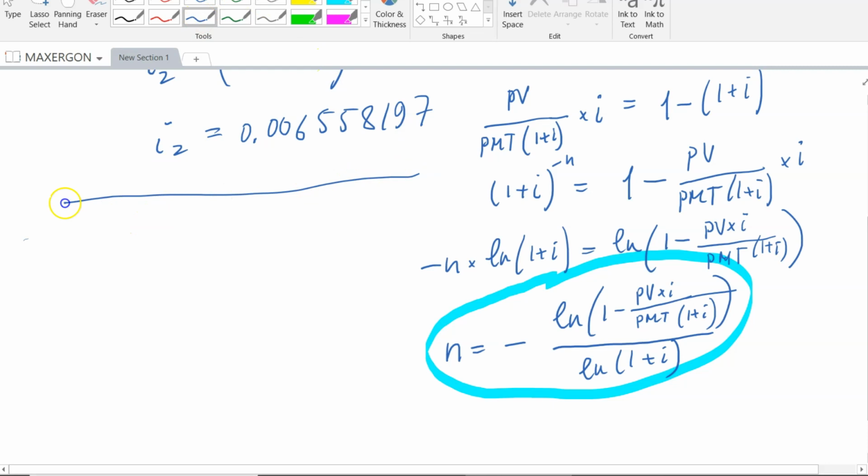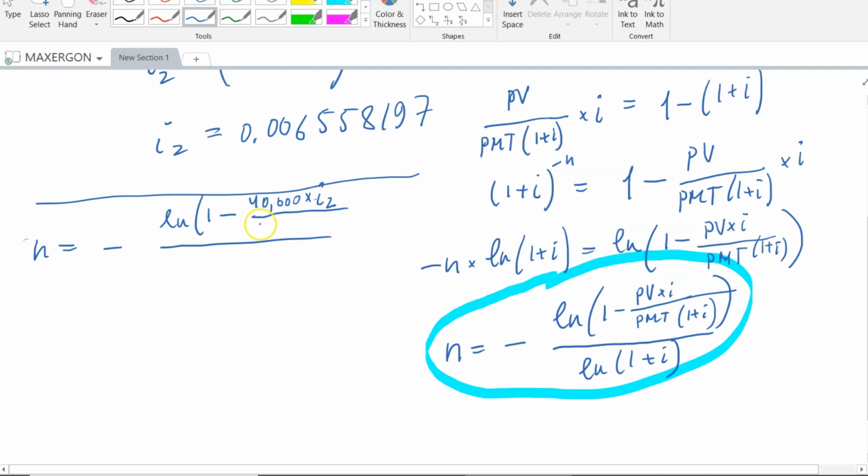We'll do it here. N is equal to minus. We'll substitute values now. Logarithm of 1 minus present value, which for this problem is 40,000, times periodic rate, which is going to be I2. We already found this I2.